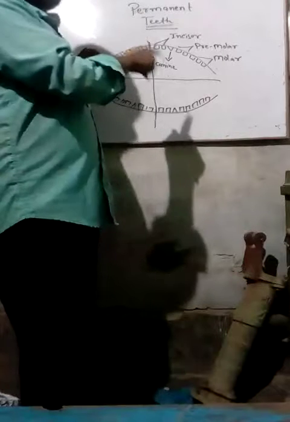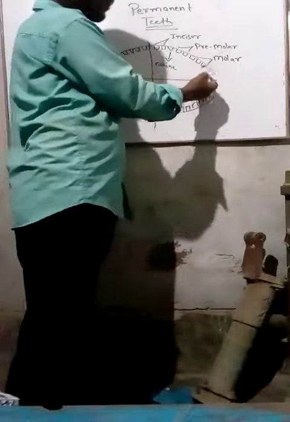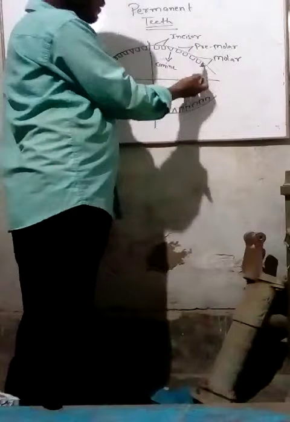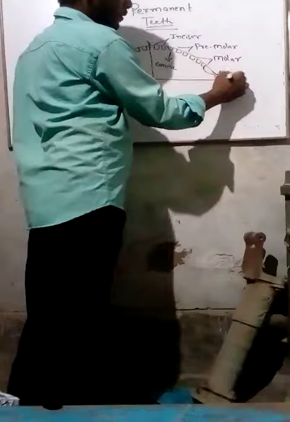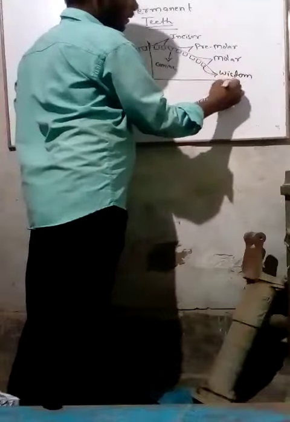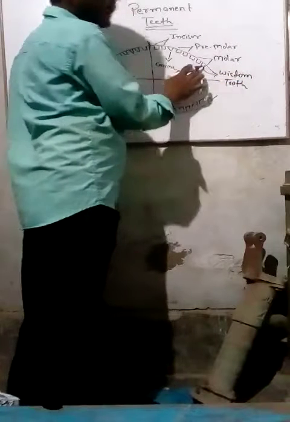But in case of permanent teeth, in each quadrant there are 3 molar teeth. पहले लेक्चर में हमने बात किया था कि एक क्वाड्रेंट में 2 मोलर होते हैं मिल्क टीथ में, लेकिन परमानेंट टीथ में 3 मोलर होते हैं. It means there is one extra molar tooth, and this one extra molar tooth will be your wisdom tooth. ये लास्ट एक्स्ट्रा मोलर टूथ को हम लोग विजडम टूथ कहते हैं, right?